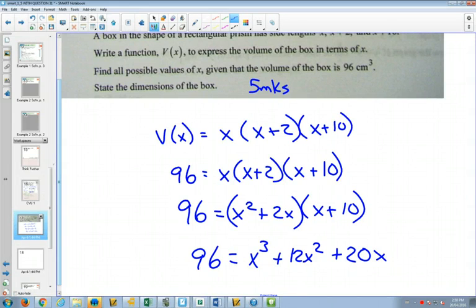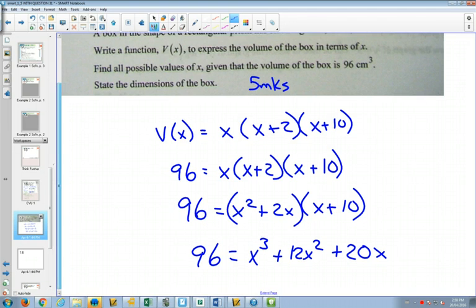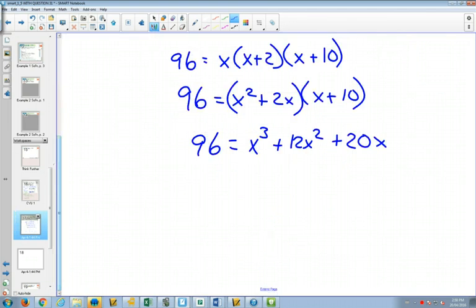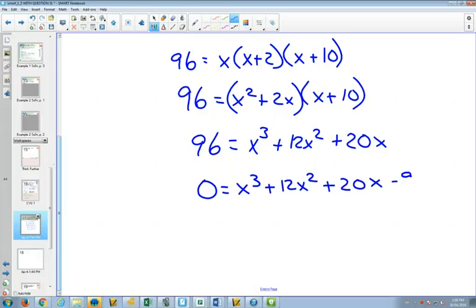So multiplying that out gives us x cubed plus 12x squared plus 20x. So if we set one side equal to 0, minus 96. So now we're going to have to use our factor theorem and remainder theorem till we find something that works.